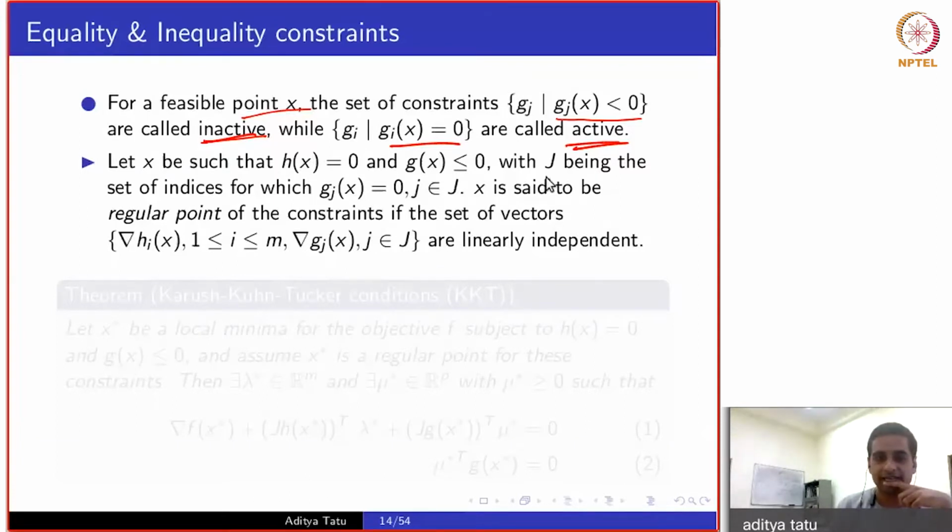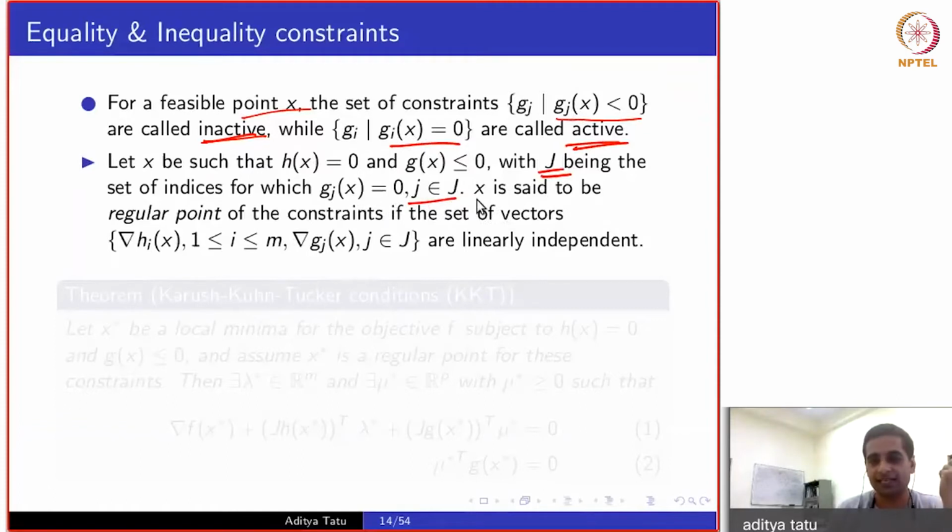Okay, so this J is the index of the constraint number which signifies active constraints. Since they are active in the sense that they evaluate to 0 at X, we can include them with the equality constraints.